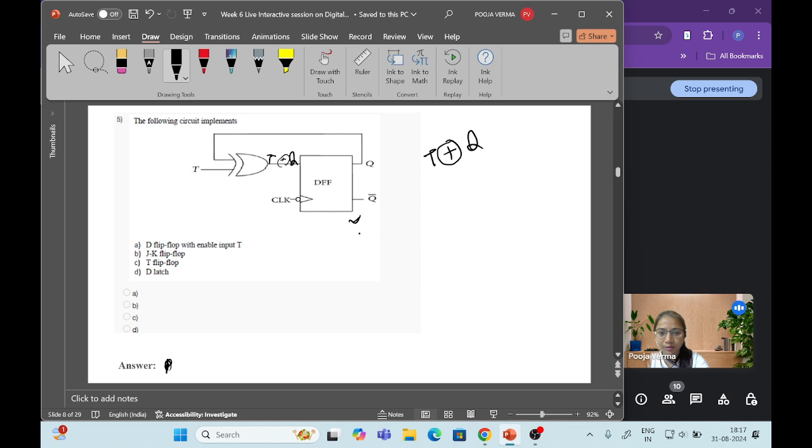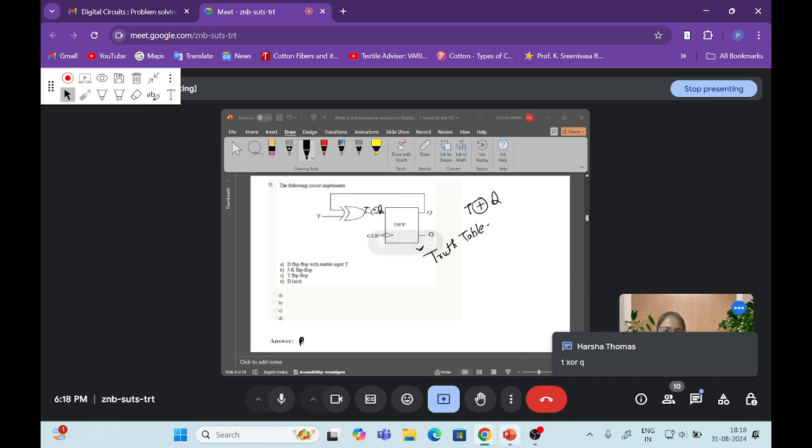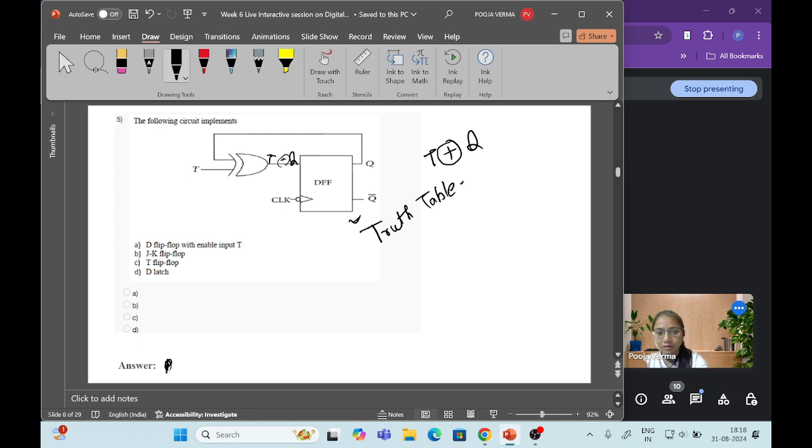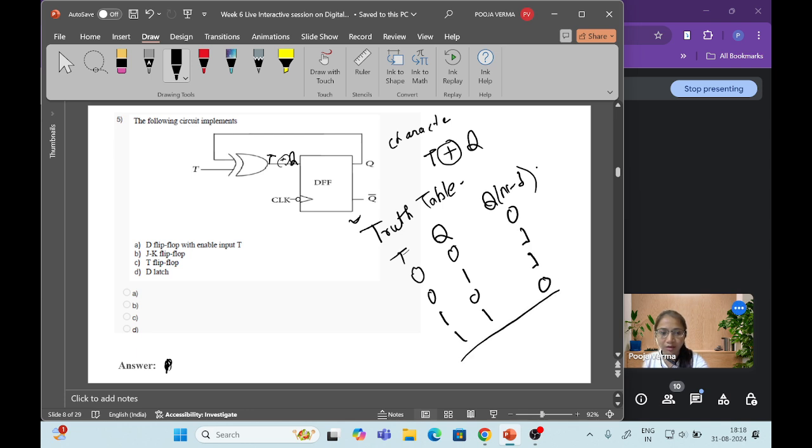What is the truth table for the T flip-flop? Or can anyone tell me the characteristic equation for the T flip-flop? Yes, Q n plus 1 is equal to T XOR Q. This is the characteristic equation of the T flip-flop. In the truth table, T and Q give 0 0 0, 0 1 1, 1 0 1, 1 1 0. Q is the present state, and Q n plus 1 is the next state.